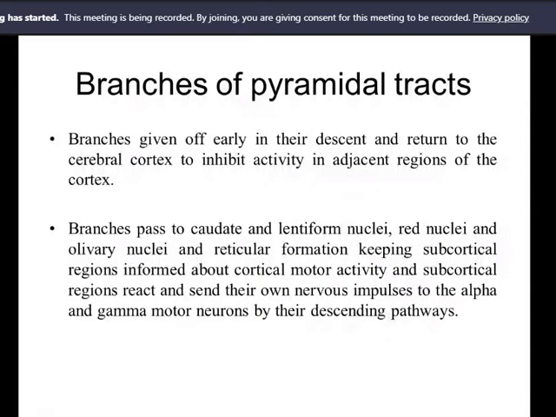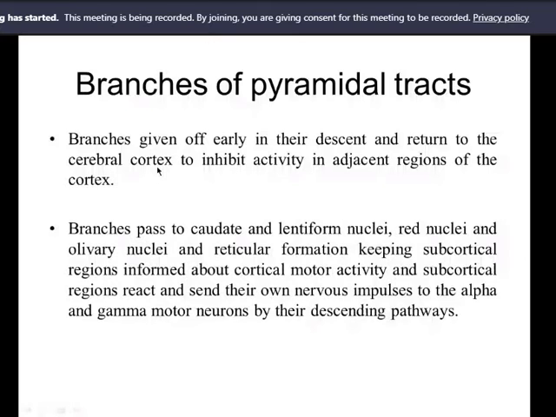Now the branches of the pyramidal tract are given off early in their descent and return to the cerebral cortex to inhibit activity in the adjacent regions of the cortex. When the pyramidal tract is coming out, some of the branches go to the cerebral cortex itself so that there should not be very jerky movement.